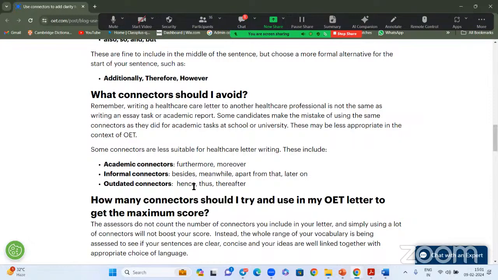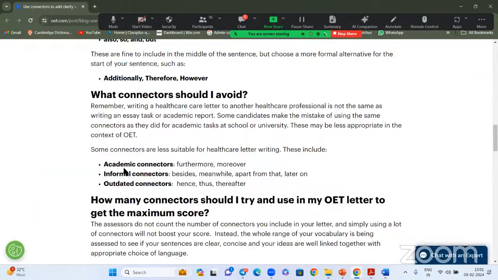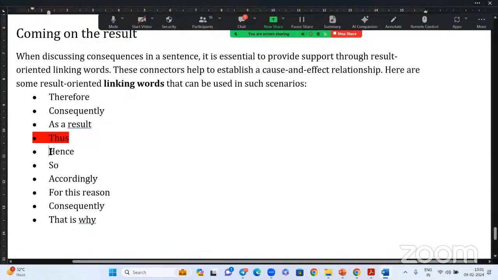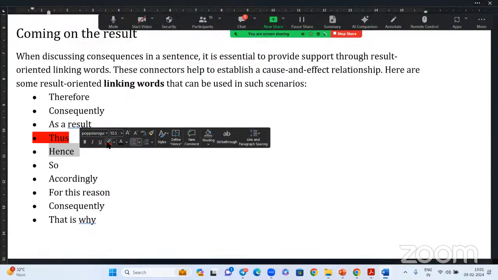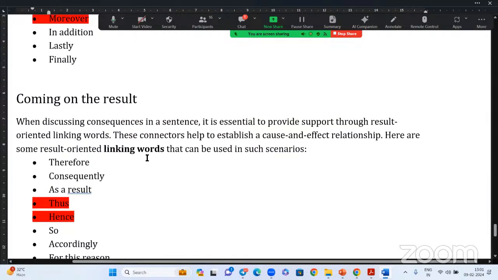Hence and thus you should not use. Then so, accordingly, for the consequently you can use. Consequently is already there, why second time? So these are some words which you can use as coming as a result.